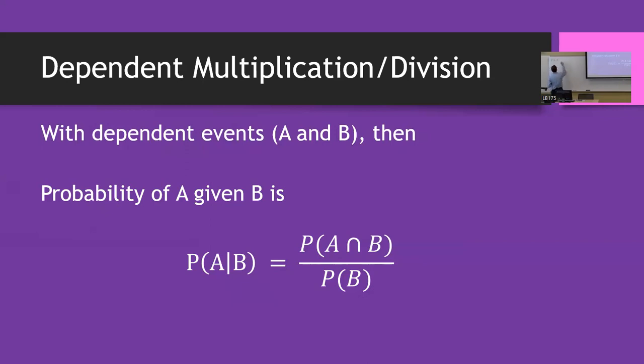It says that if I want to find the probability of A, given that B has already happened, that's going to be given by the probability of the intersection of A and B divided by the probability of B. This is the probability rule.